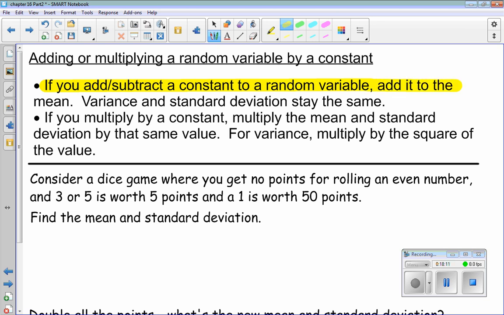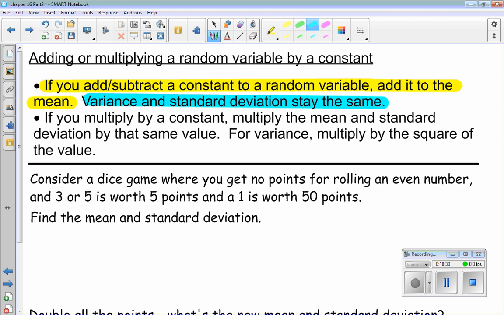This is important. Any constant added or subtracted, you also add or subtract to the mean. Think about it, and then what happens to the standard deviation? Well, the notes say it doesn't change at all. It actually stays the same.